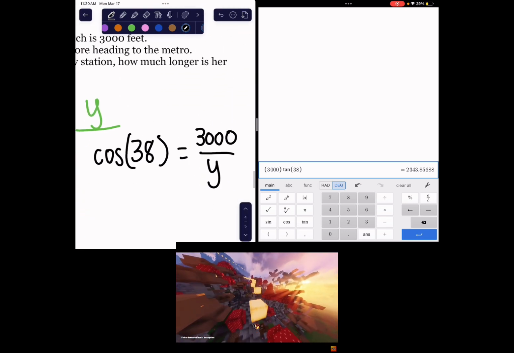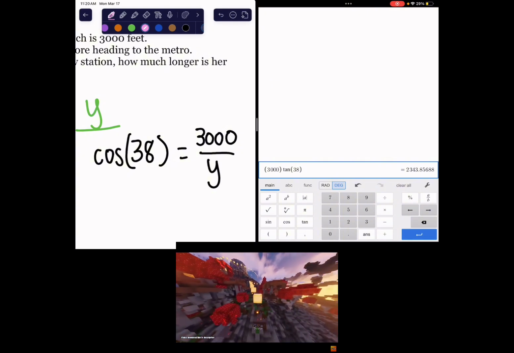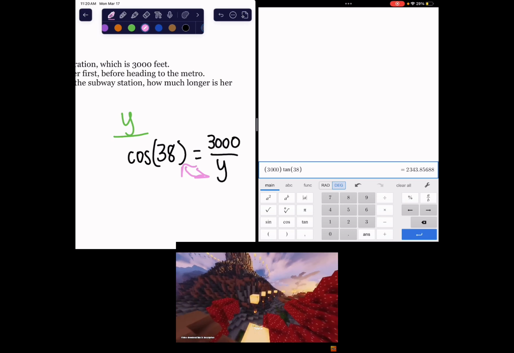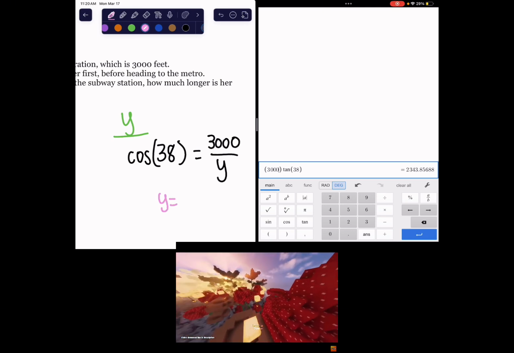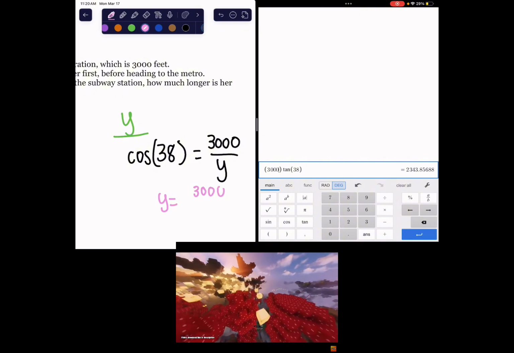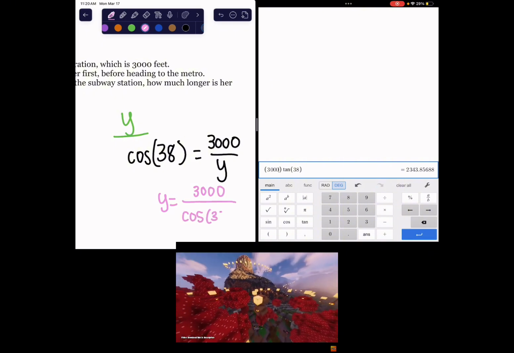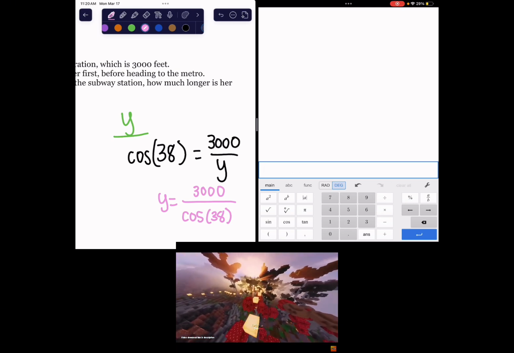And this is kind of like the opposite case, where Y is now in the denominator. So that means we're going to divide, which basically means you switch these two numbers. So Y equals 3,000, keep that in the same place, but now our denominator is cosine 38. Let's put that in the calculator.